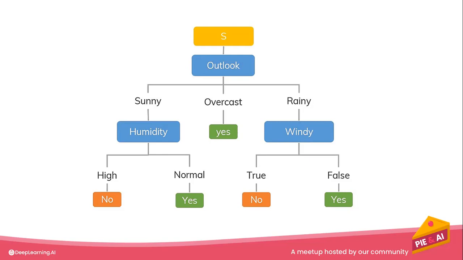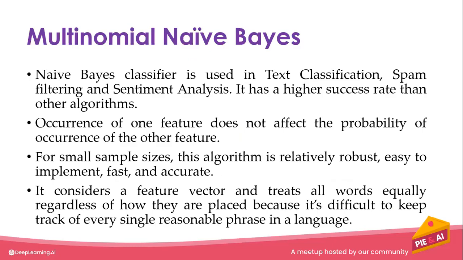Okay. So now we will see one more algorithm, and then we will see the implementation. This is the multinomial naive Bayes algorithm, and it is also a supervised algorithm. It is mostly used for text classification, for spam filtering, and in sentiment analysis. It works really well with text data. The main concept involved with naive Bayes is that the occurrence of one feature does not affect the probability of occurrence of the other feature.